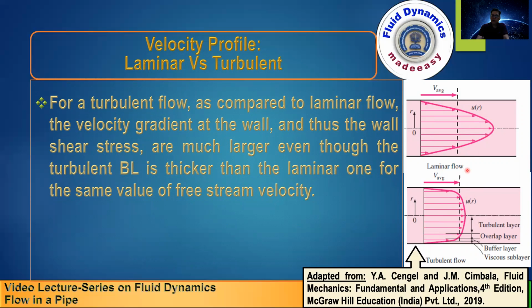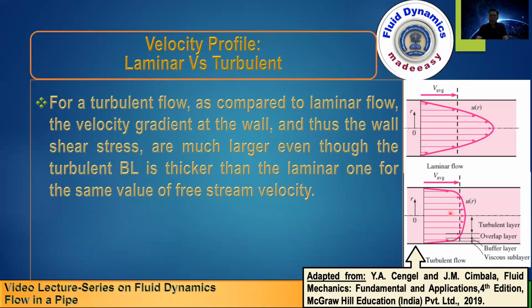So what I want to emphasize here is that if you compare laminar flow versus turbulent flow near the wall, you can see that the velocity gradient, the slope of the change in velocity, del U by del R, for a turbulent flow is much larger as compared to that for a laminar flow.